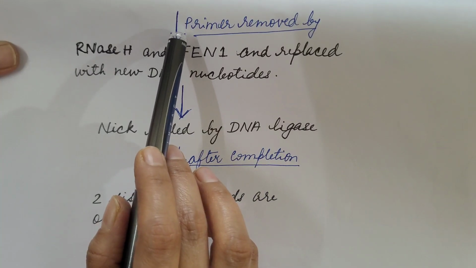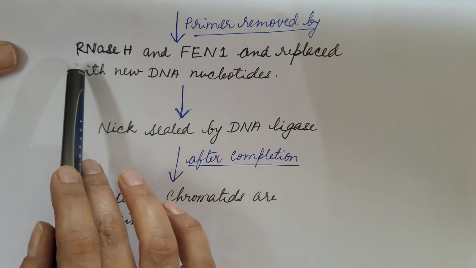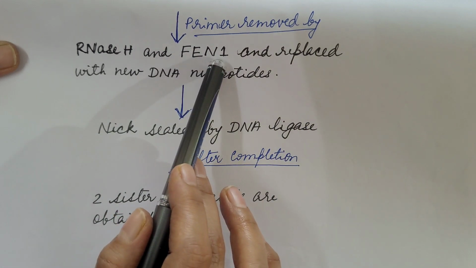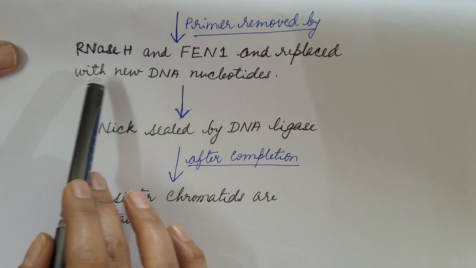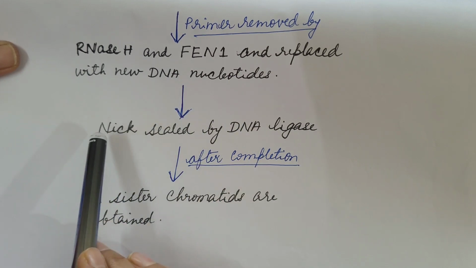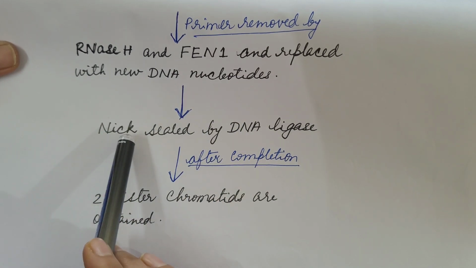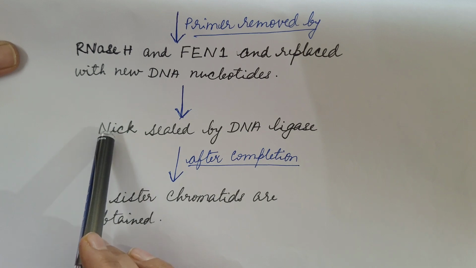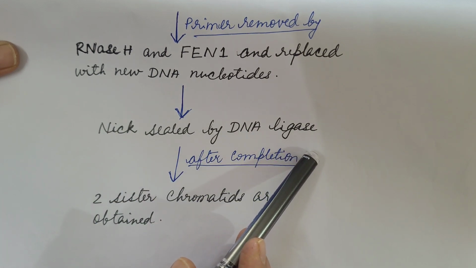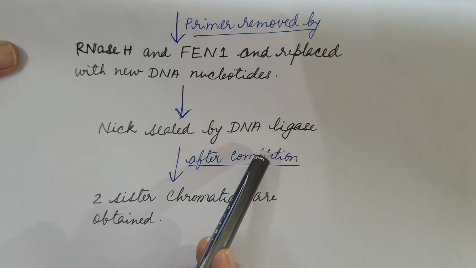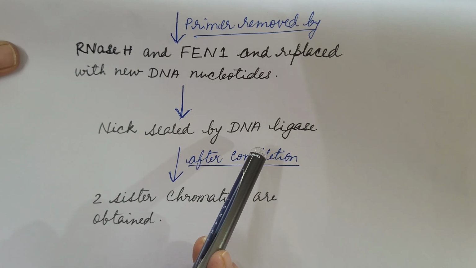After the strand synthesis, the primer is removed by RNase H and FEN1 and replaced with new DNA nucleotides. But a nick is present between the DNA chains. This is sealed by the DNA ligase enzyme, which we have discussed in detail in a separate video.